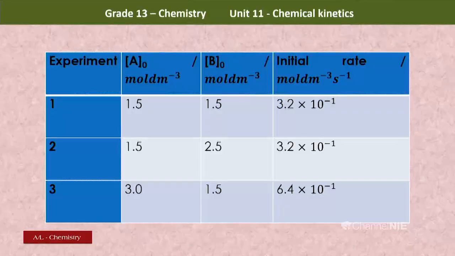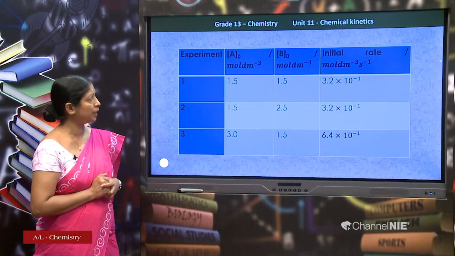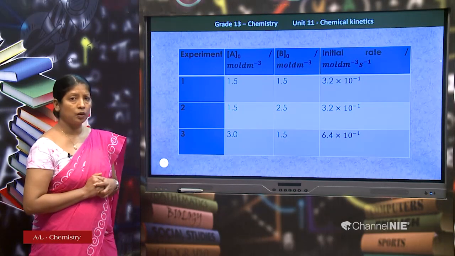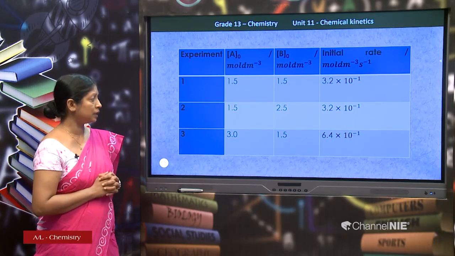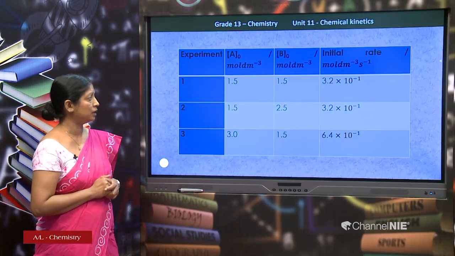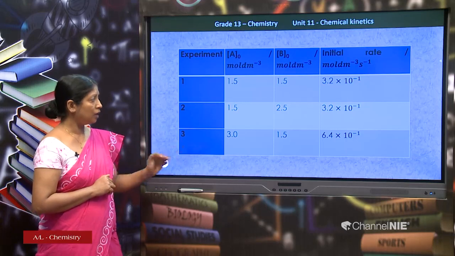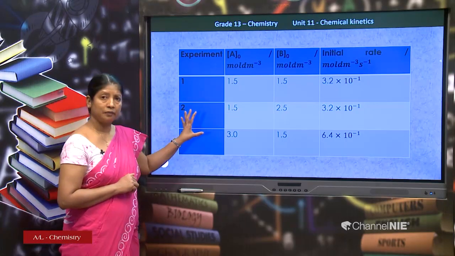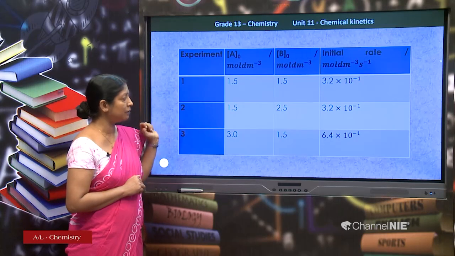So, let us see what data you are supposed to use if you want to find the order with respect to A. Whenever you want to find the order with respect to A, you need to focus on the experimental data where the concentration of A is variable. Focus on the table and identify the two experiments where the concentration of A is the variable.